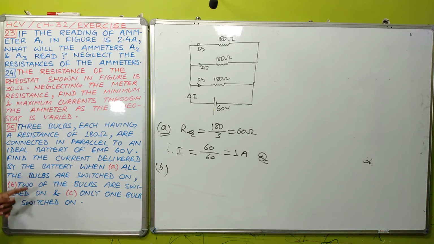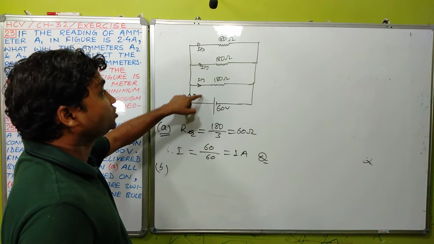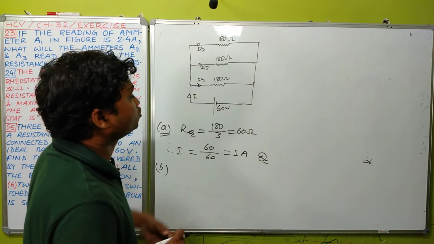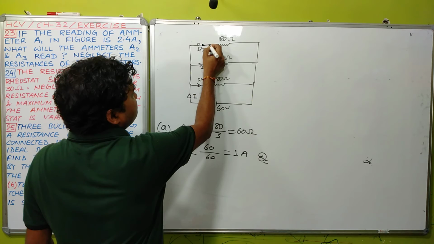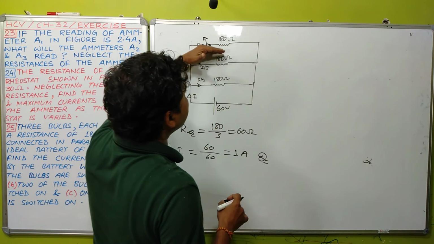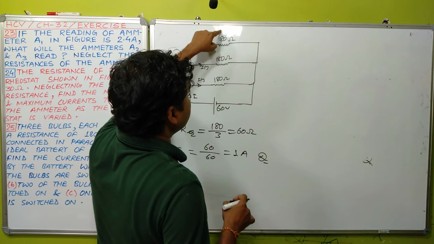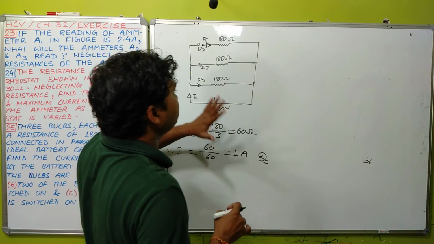B, 2 of the bulbs are switched on. Now we have to find the value of current I when only 2 of the bulbs are switched on. Suppose the switch here is now kept open, so no current will flow through this resistance, and in this case only these 2 bulbs having resistances 180 ohm will be switched on.